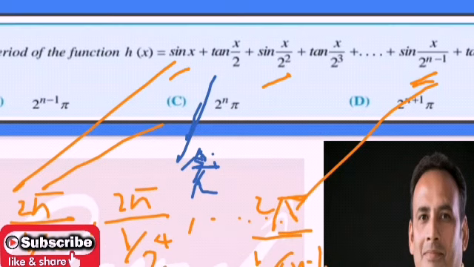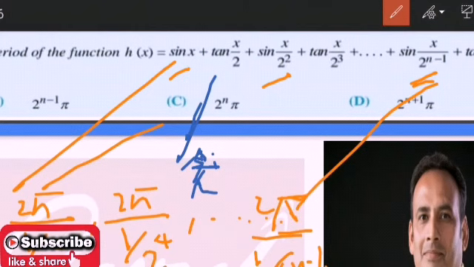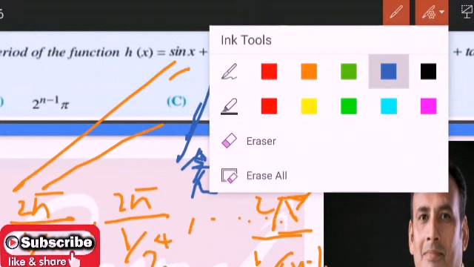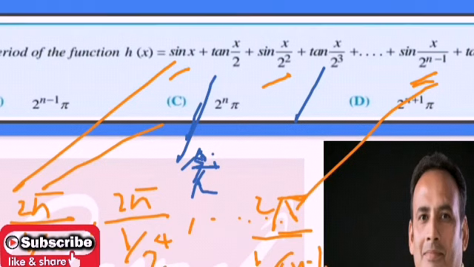Some error is there. And then for tan x by 2 cube, pi upon 1 by 2 cube. Once again, errors.